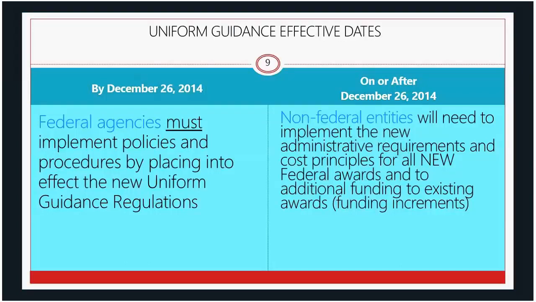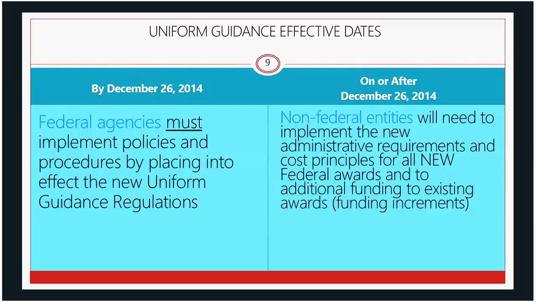So which resources do you use, or which compliance document do you use? Here are some of the effective dates that hopefully will make that clear. For federal agencies, by December 26, 2014, they must implement these policies and procedures by placing into effect the new uniform guidance regulations. And for non-federal entities, you will need to implement the new administrative requirements and principles for all new federal awards and additional funding to existing awards on or after December 26, 2014.